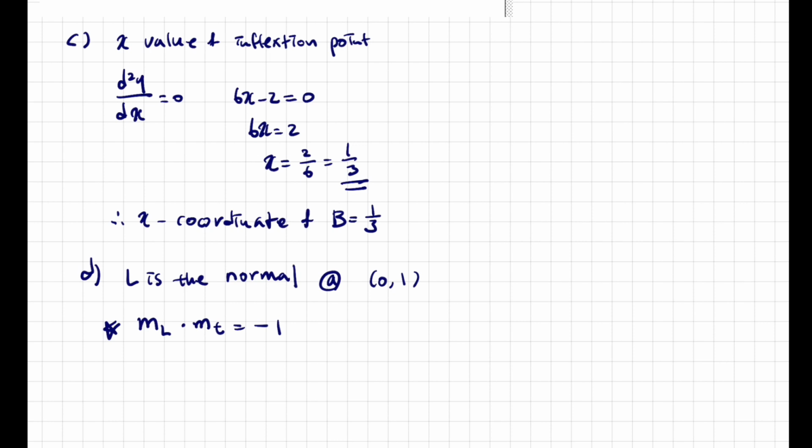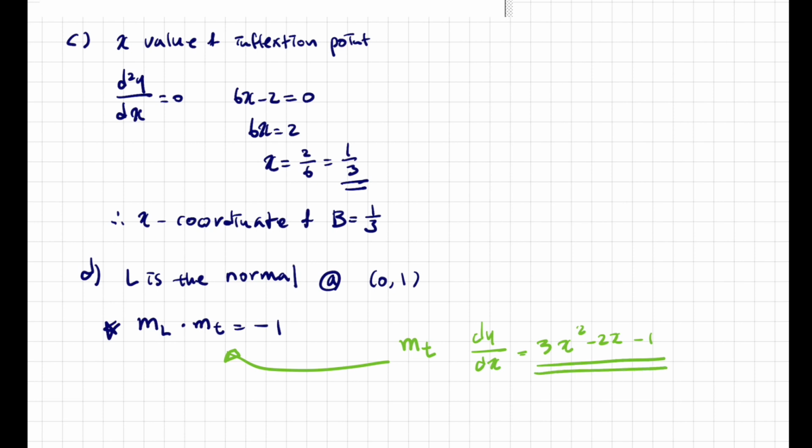And that means we can identify the slope of the tangent mt using the first derivative of the function y. Okay, then using the first derivative of the function y, which is dy over dx, the same as 3x squared minus 2x minus 1, right?